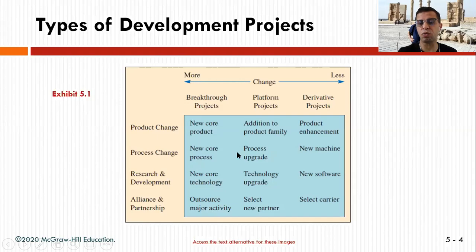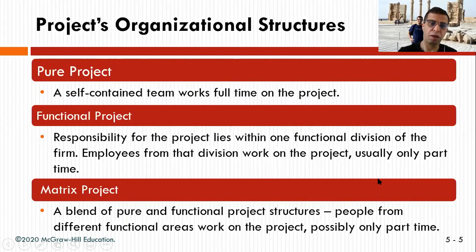You want to add one more, or a process in a graphic upgrade. Probably you add a new machine, and then in research and development you do an upgrade, a mobile application for service, or a new software you want to add, or select a new partner because of the alliance or partnership, which is selecting a carrier or outsourcing something like that.